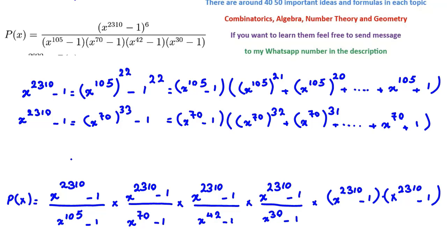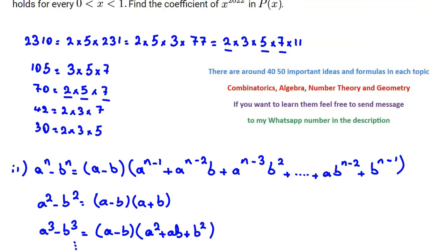Okay, now if we write for 42 minus 1, it will be x to the 2310 minus 1 equals x to the 42 to the power of what? Let's consider now 42. So 42 has 237.